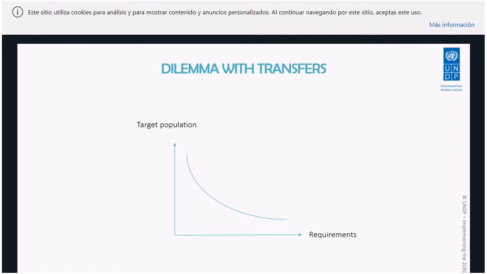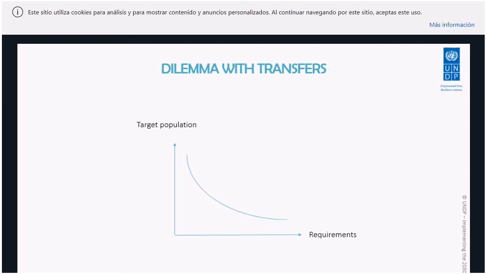So a lot of the population is living under the poverty line. So if we are about to design a social transfer, a cash transfer for the population, and we say, okay, let's target this transfer to all the poor population.